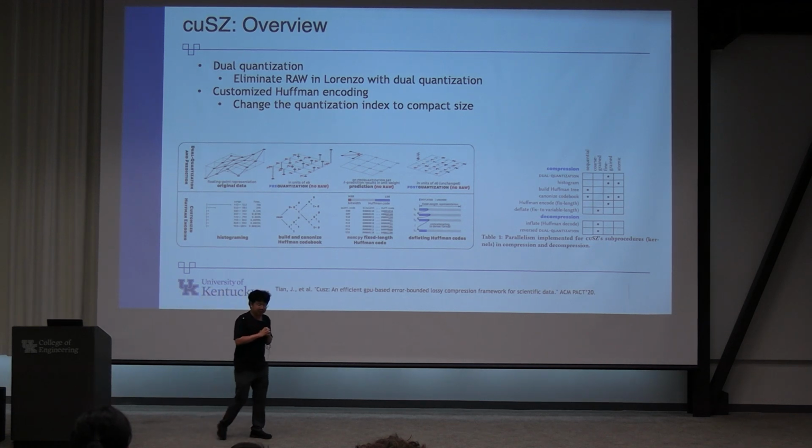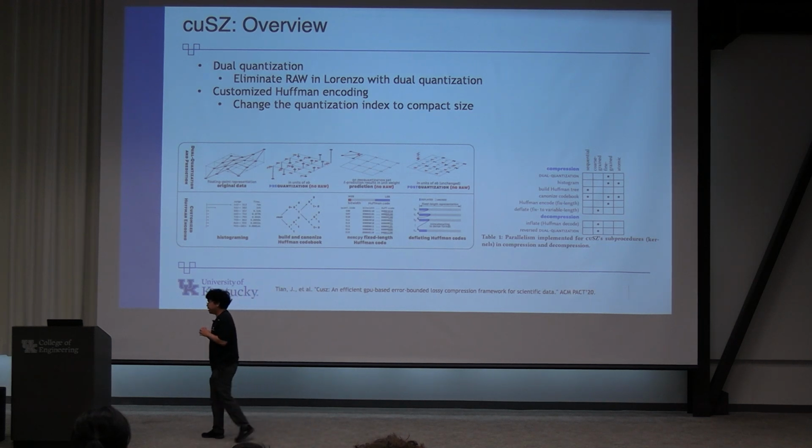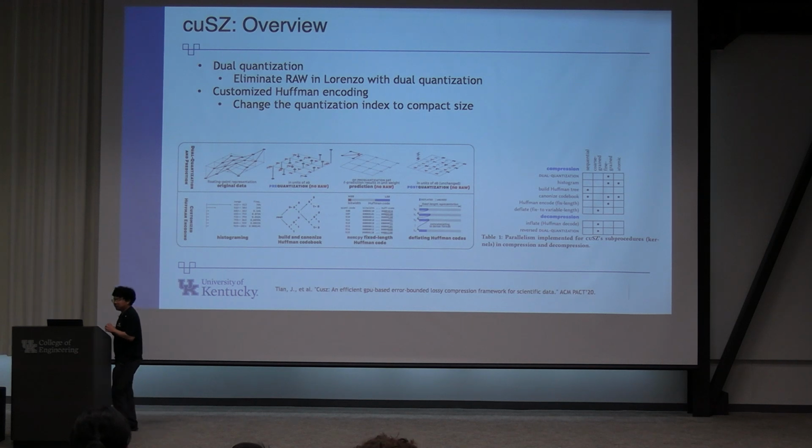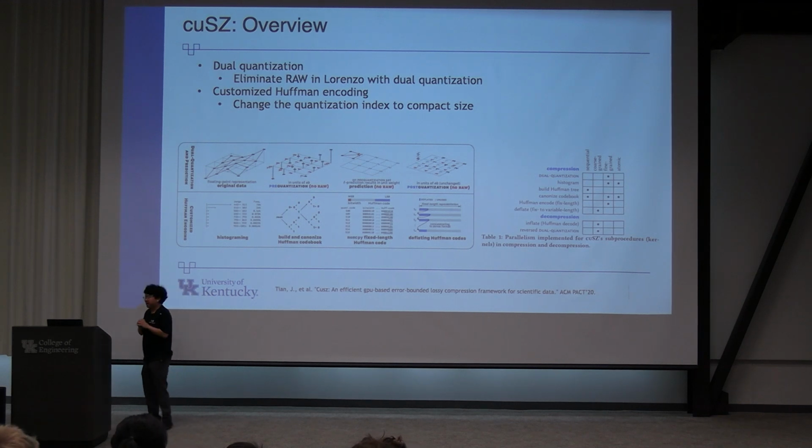Basically, this eliminates the heavy dependency in the Lorenzo prediction task to enable high parallelism. In addition, we also propose a customized Huffman encoding strategy to change the quantization index to a compact size for better processing speed. Those techniques heavily improve the performance of the GPU-based implementation.